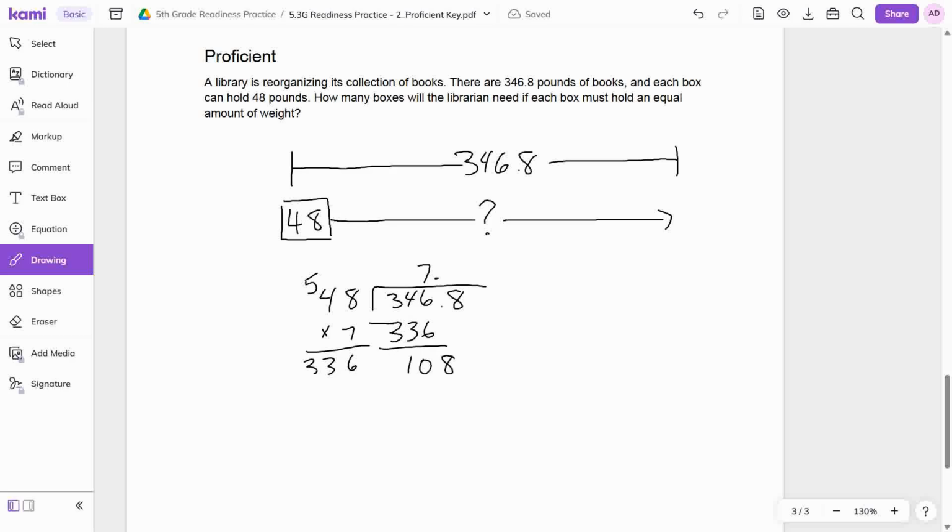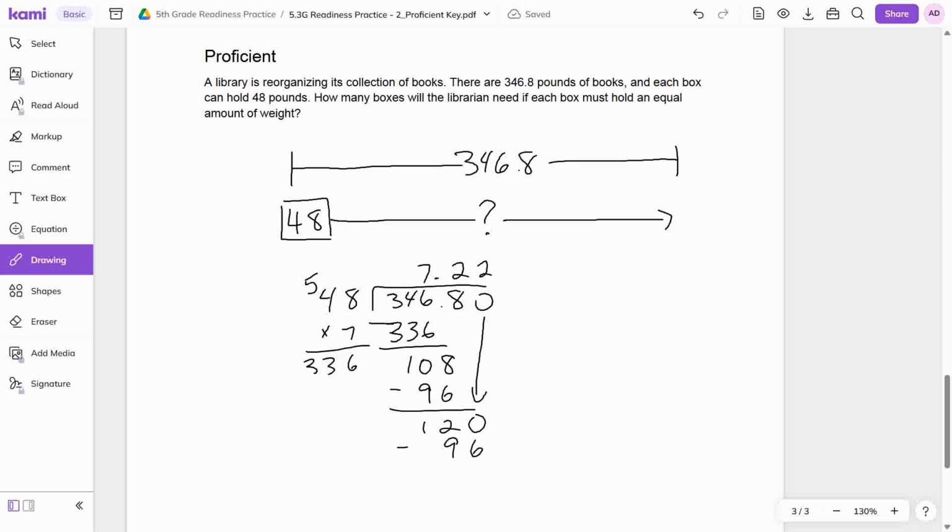That's 108. 48 goes in there twice because that's going to give me a 96. Right, so that's going to be, now we need a 0 down here. Okay, so we've got that 120, and then 48 goes in there twice again. It's 96.